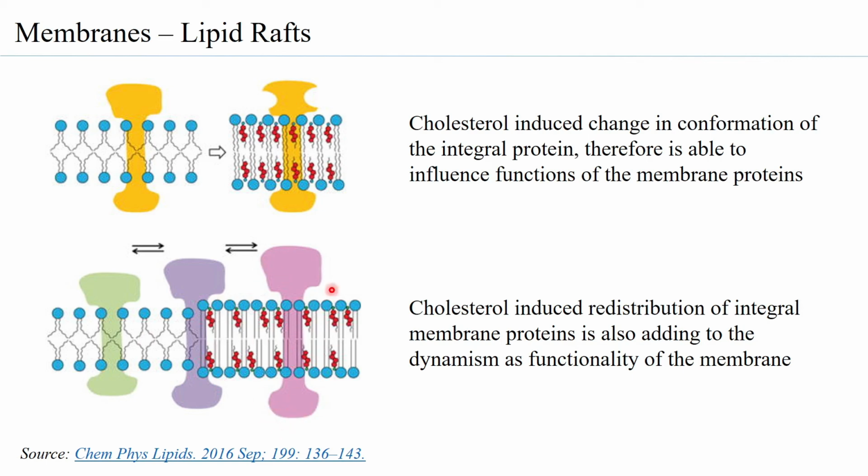Secondly, the distribution of this protein is greater when you have an ordered structure, while this would be present more in a disordered structure. So because cholesterol preferentially binds to this, it will be present within this microdomain region. So all of these can happen. So redistribution of integral membrane proteins can be aided or induced by cholesterol, and that would lead to dynamism in the membrane and influence the functionality of the membrane.